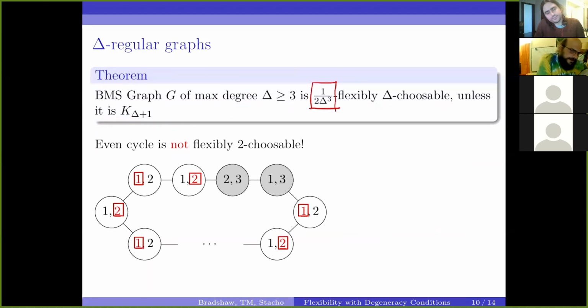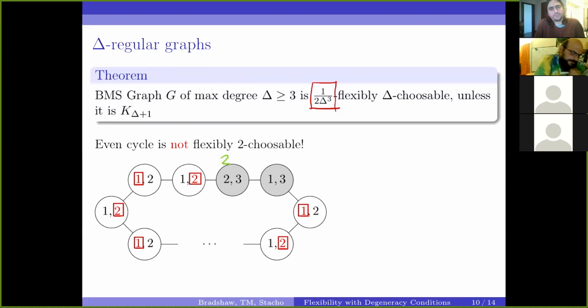So first, let's justify that delta at least 3 makes sense. If delta is exactly 2, then we can have a look at an even cycle, and an even cycle is 2 choosable, but we cannot satisfy on this particular example even a single request. So let's quickly have a look.